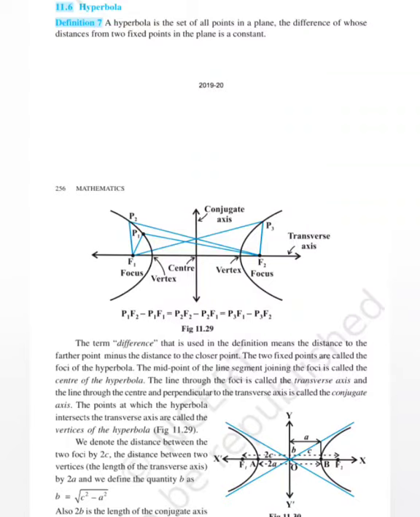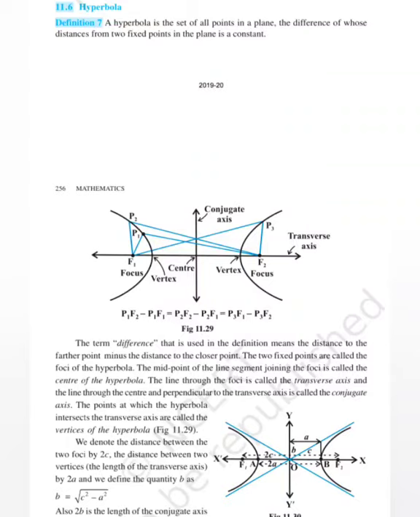Now let's take point P1, then the distance P1F2 minus the distance P1F1 is equal to the distance P2F2 minus the distance P2F1 is equal to the distance P3F1 minus the distance P3F2.